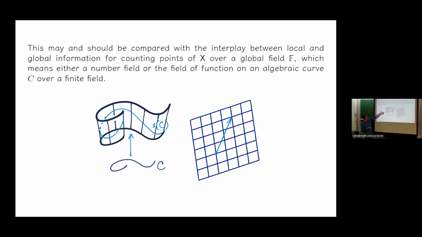And the field of functions on an algebraic curve defined over a finite field is an example of a global field, and another example of a global field is something like the rationals, and counting the Eisenstein series for PGL2 over the rationals. You think that these are very different pictures, counting vectors in a lattice and counting sections of a P1 bundle, but in fact they're both really counting points of your P1.